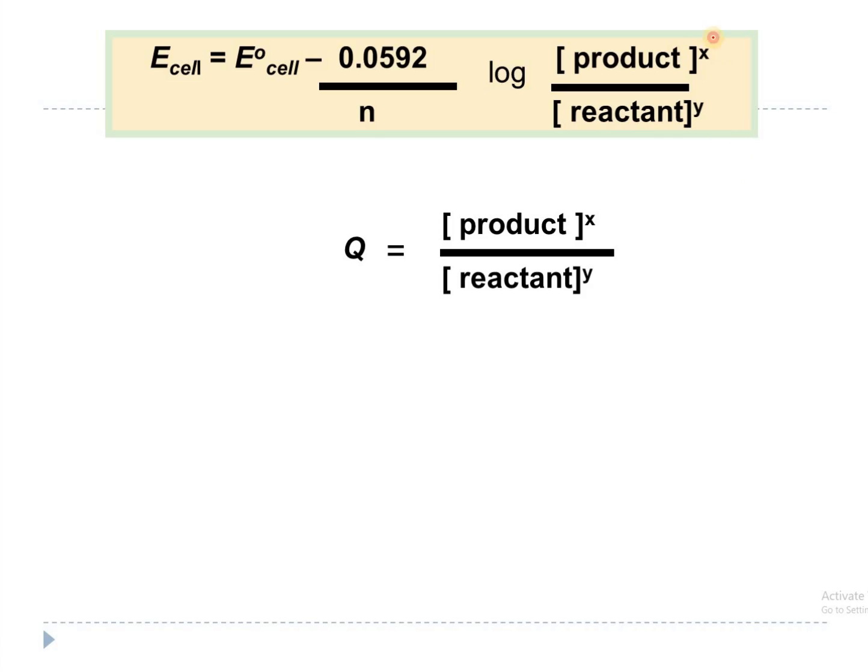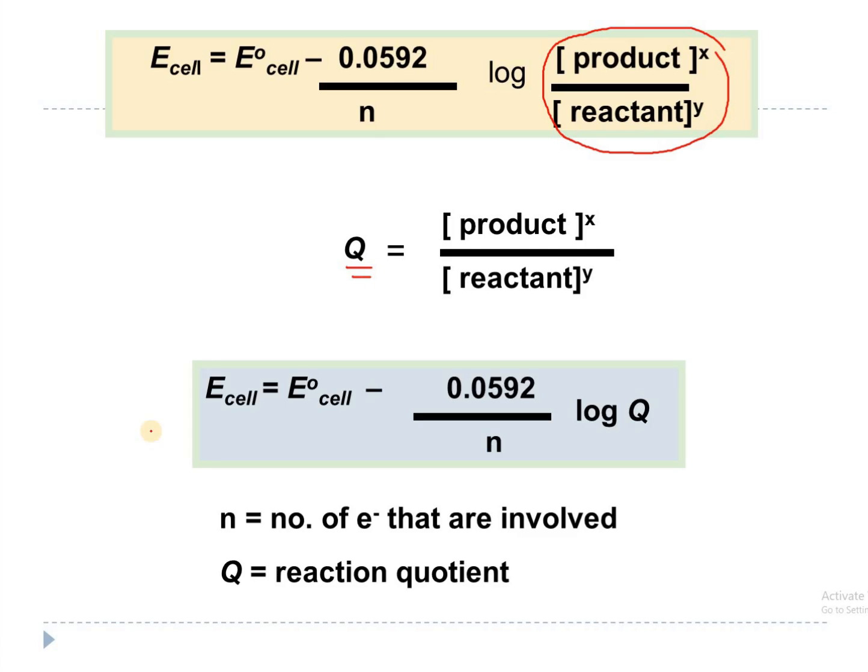For your information, the concentration of product divided by the concentration of reactant equals Q. Q stands for the reaction quotient.